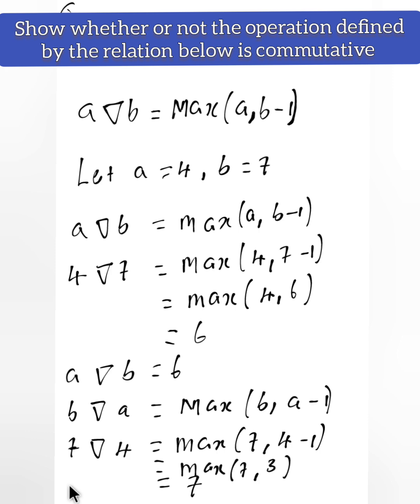So B operation A is 7. What will be our conclusion?